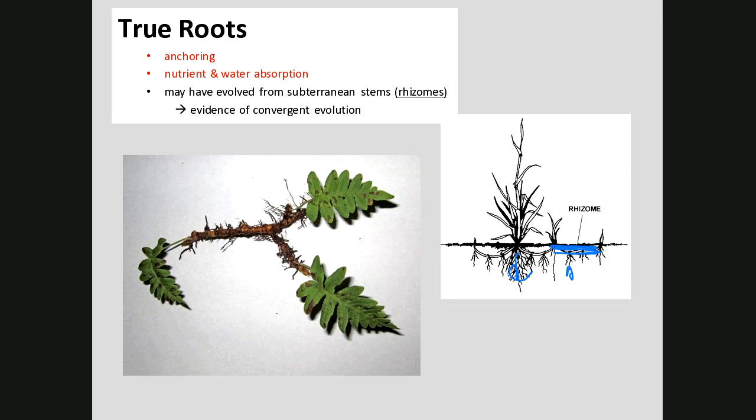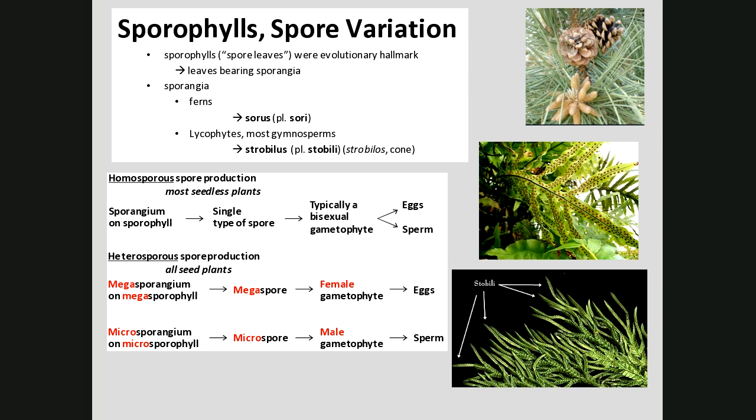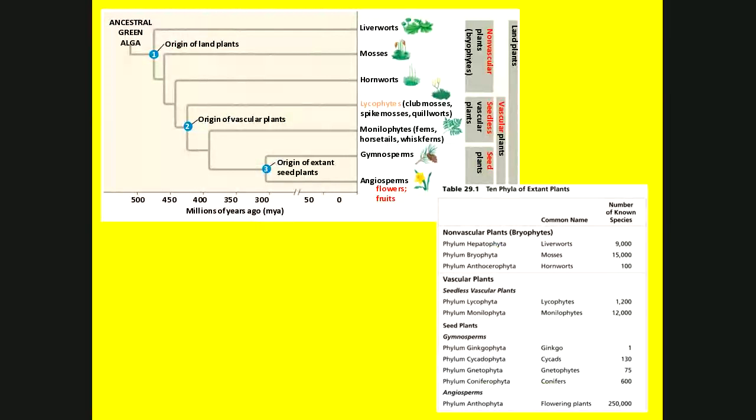Let me go forward a couple of slides and I'll show you what I mean by that. If we go to here, roots were already in lycophytes when they started evolving. They're already in lycophytes when the ferns and the other plants started evolving them. So roots evolved, in other words, separately and ended up showing up in both of these. See what I mean?